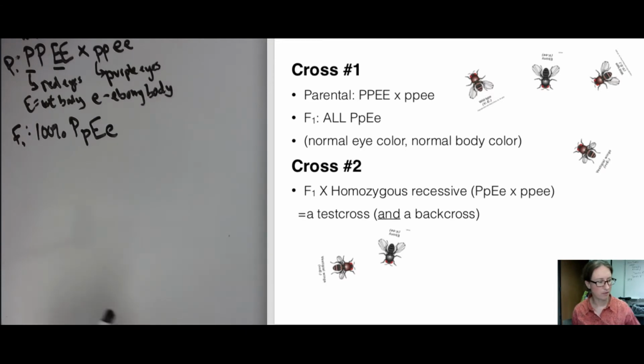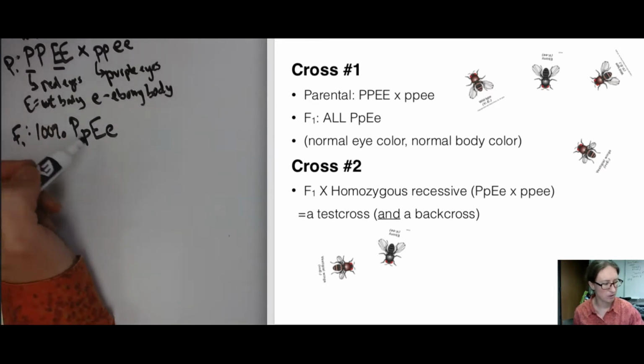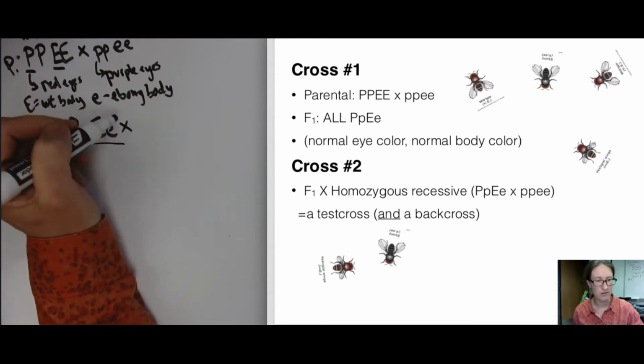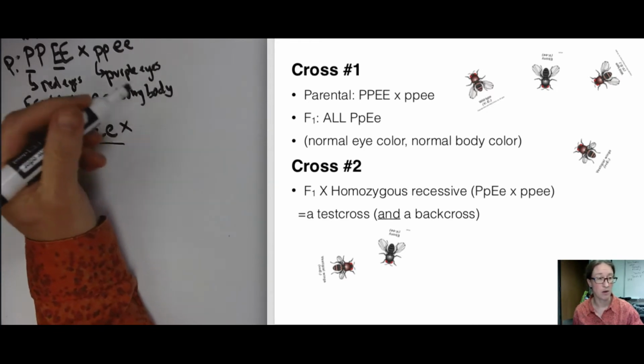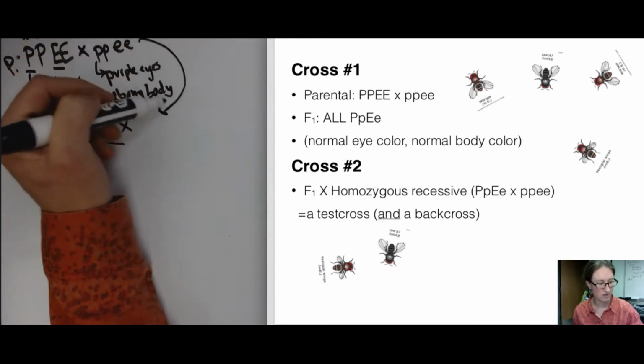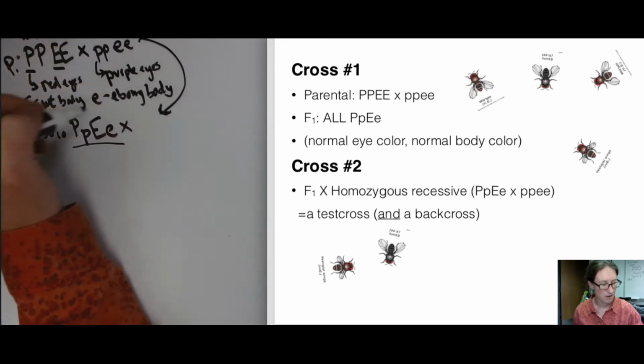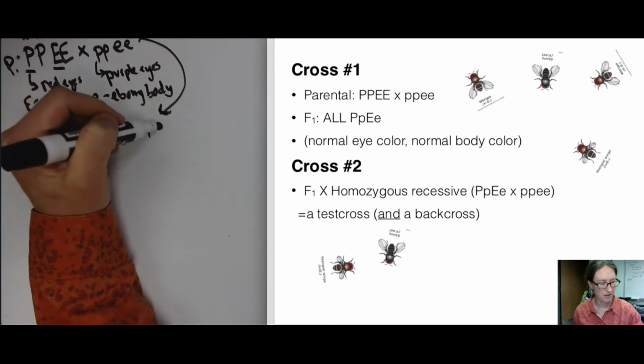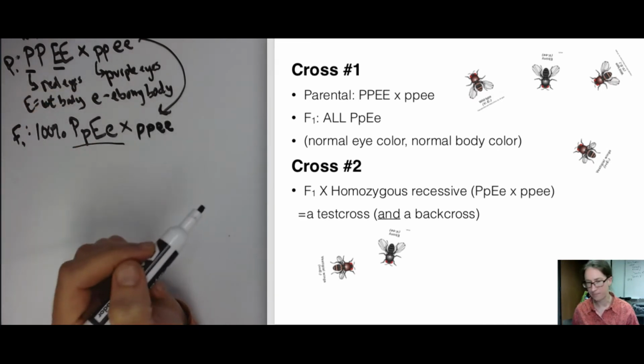Okay, so now for my next cross, what I'd like to do is I'm going to cross these heterozygous F1 individuals with a homozygous recessive individual. So again, this is one of these test crosses and back crosses. So big P, little p, big E, little e crossed with little p, little p, little e, little e.